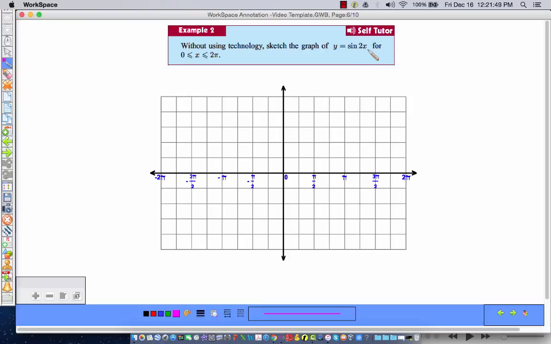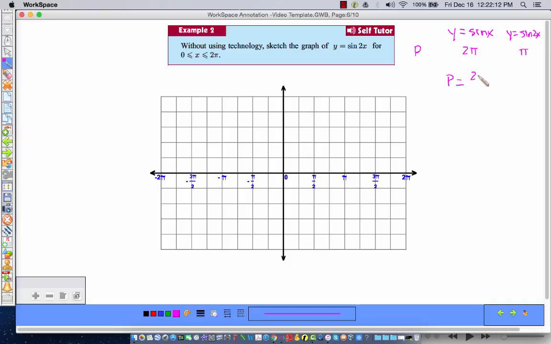And that's going to affect the period. The period for sine x is equal to 2 pi, and for y equals sine 2x, it's equal to pi.